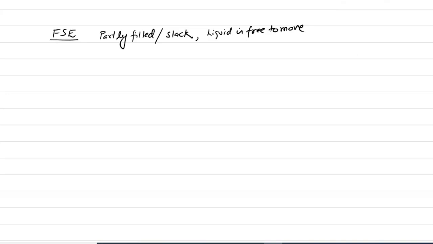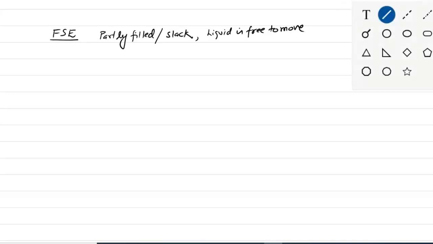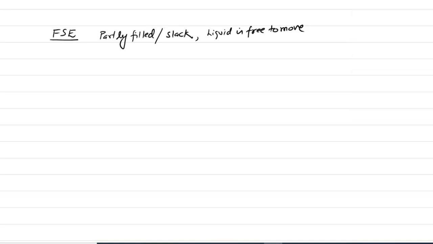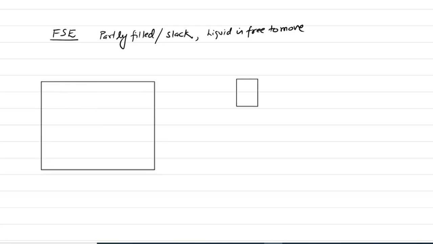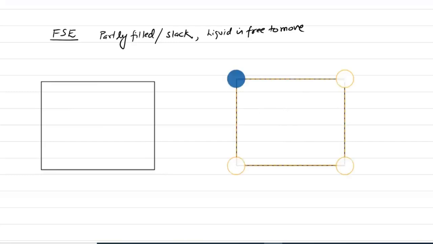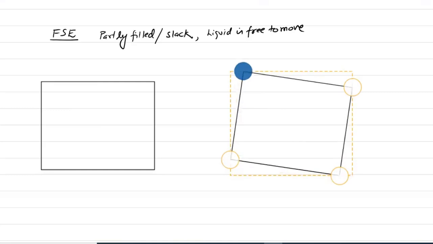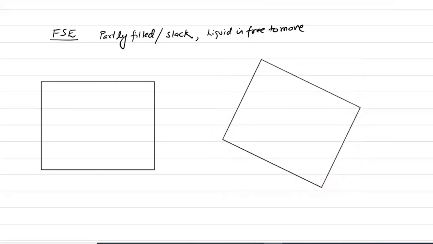So let me just explain you with the help of a diagram. I think I need to create 2 diagrams. So this is the upright condition, and this is when the ship has rolled.